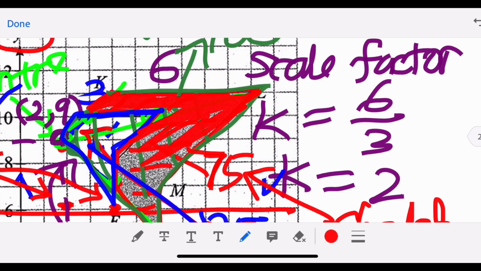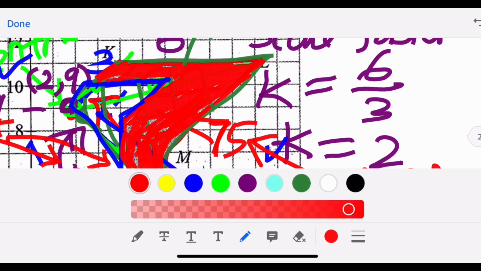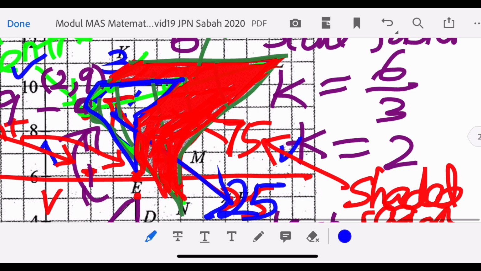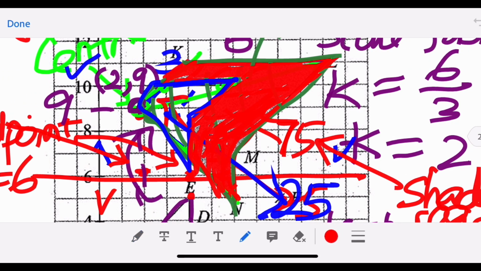Okay, we cannot find the area by counting the box, isn't it? We can't. So the only way to find the area shaded in red color is to use the formula I over O equal to K squared, right? Alright, so this is the area for the shaded region that we get from the formula, okay? I over O equal to K squared.